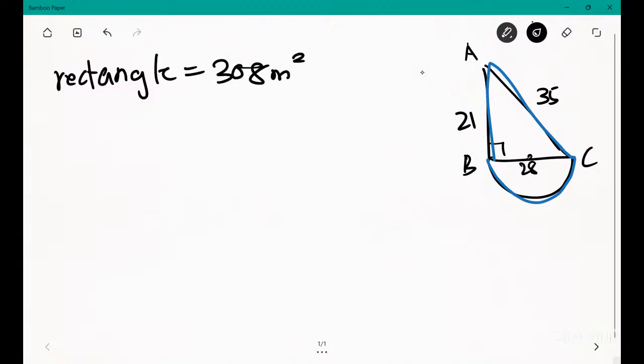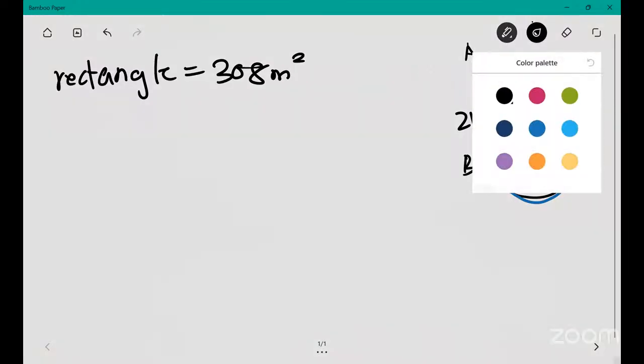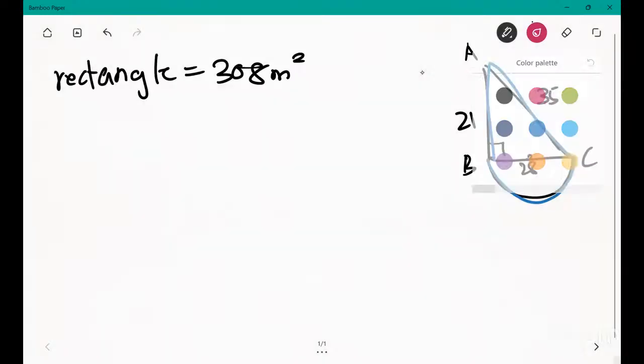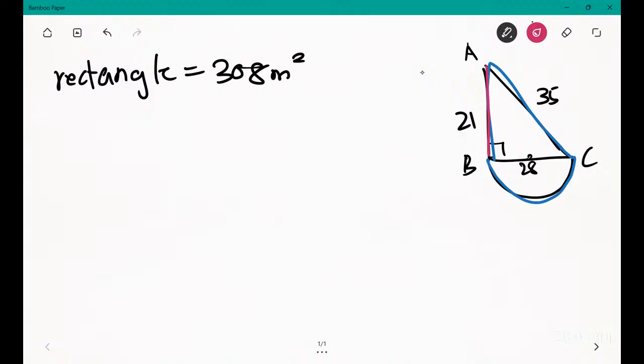308 meter square. And they're saying it has AB as the side. AB is one side and they're asking us the remaining side. So we don't know whether AB is a length or a breadth, so depending on that, your figure will change.